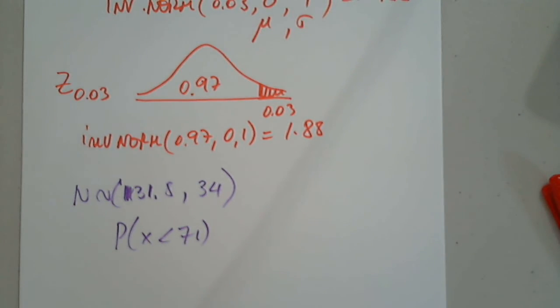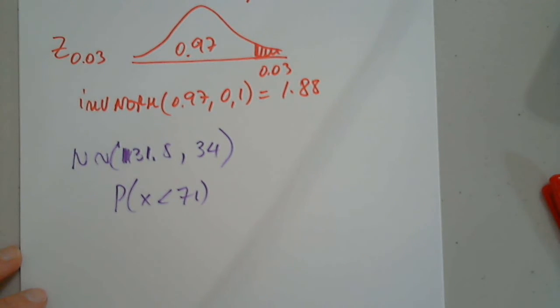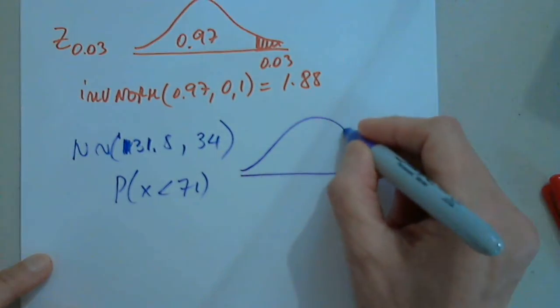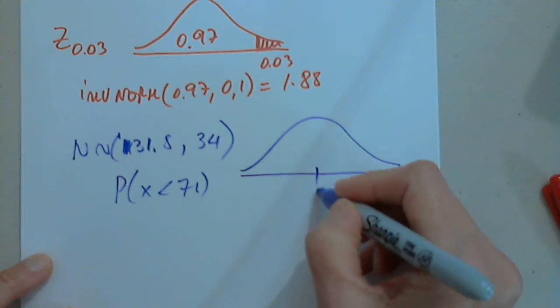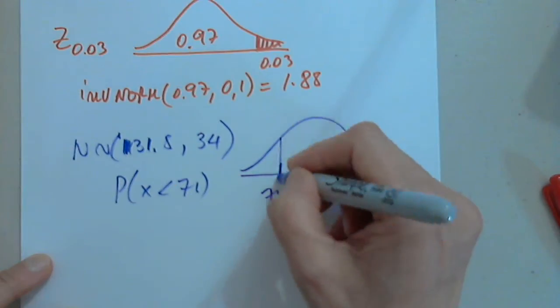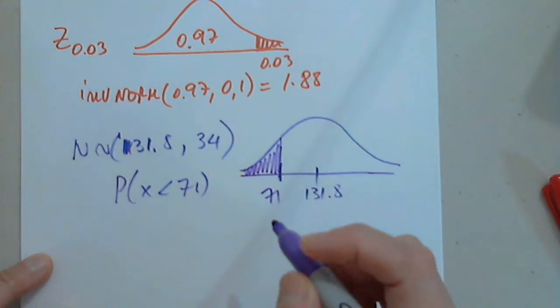Let me stop sharing for a second. So it was less than 71, correct? Let me go back. Yeah, good. Obviously the mean is 131.8. So 71 is somewhere here. So we're interested in determining this area.